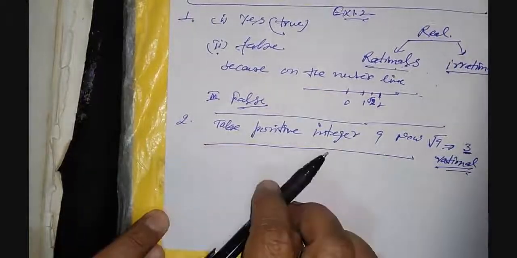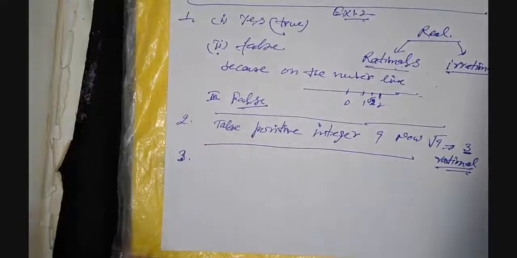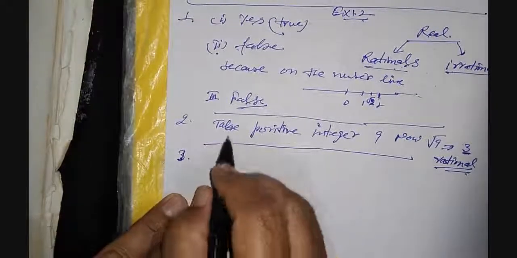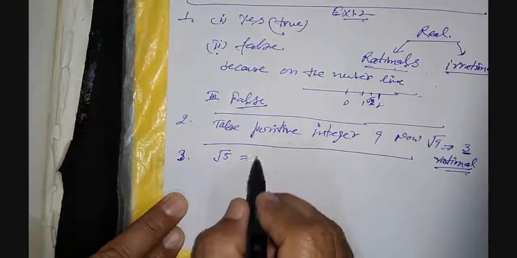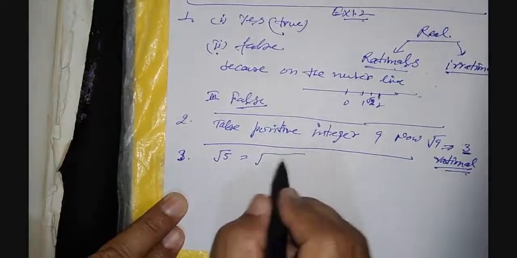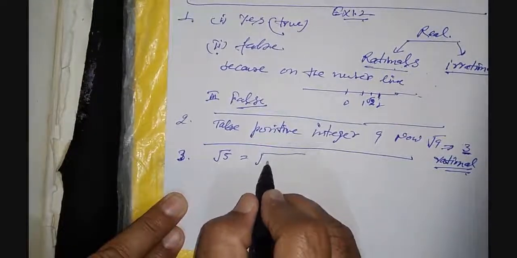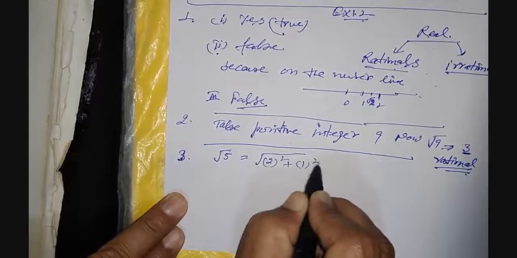Now question number 3. Show how root 5 can be represented on the number line. Root 5. Easy, very easy, because we can make partial numbers of it as the square of 2 and the square of 1.